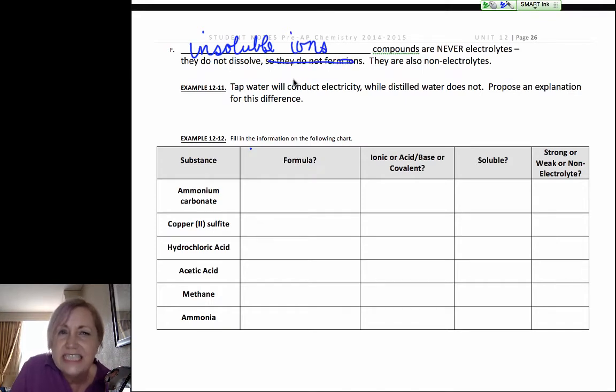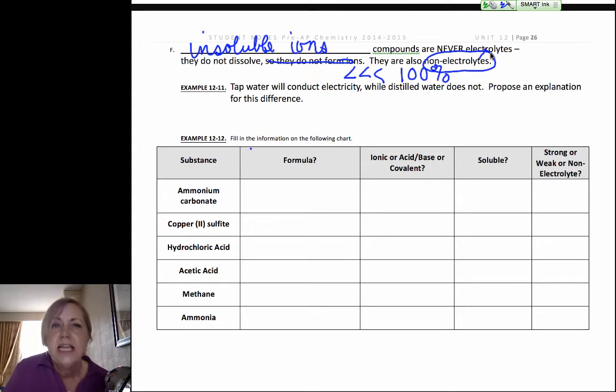They dissolve a teeny bit, and they do form ions when they dissolve, but the reactions go much less than 100%. So we're going to classify these as non-electrolytes.